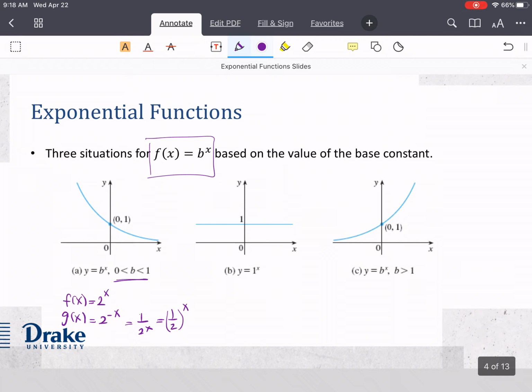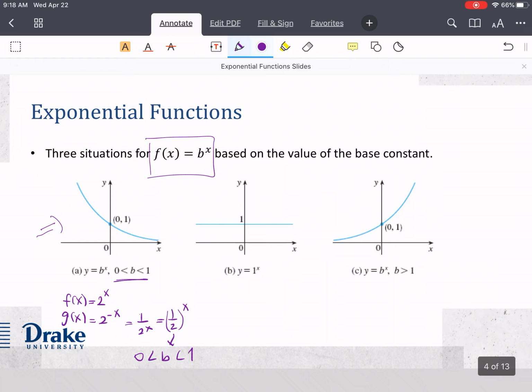So a negative exponent produces a b value between 0 and 1. So it's always going to be some kind of fraction between 0 and 1. When that is the situation, your graph always looks like this, which is what we had previously for 2 to the negative x.